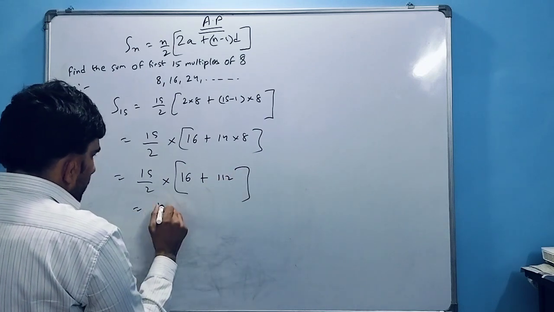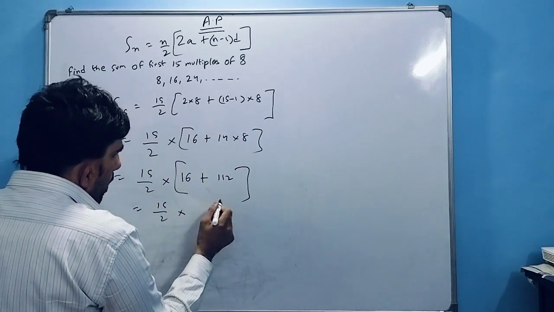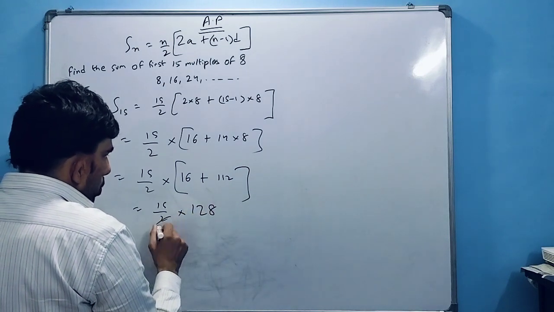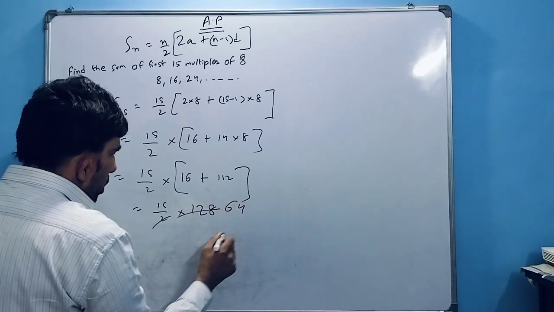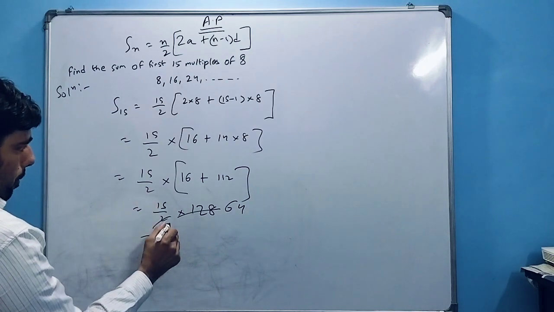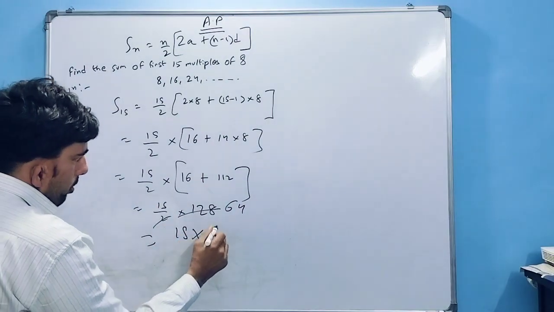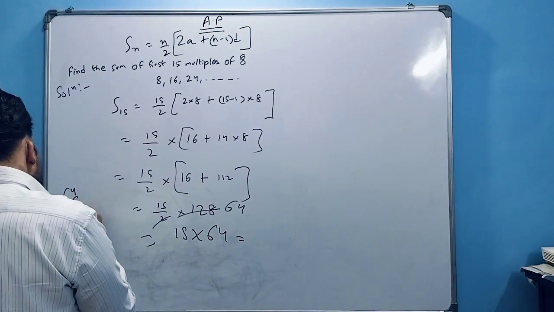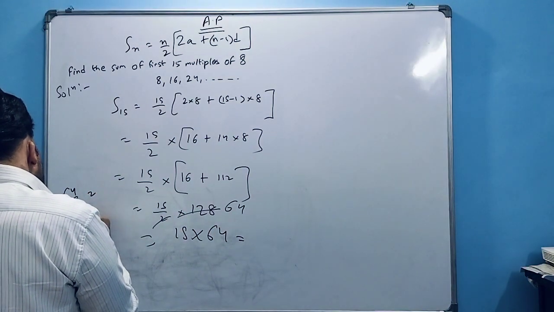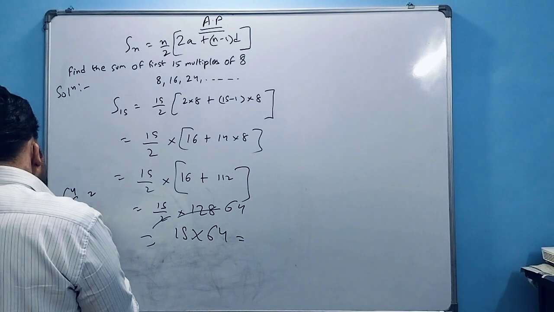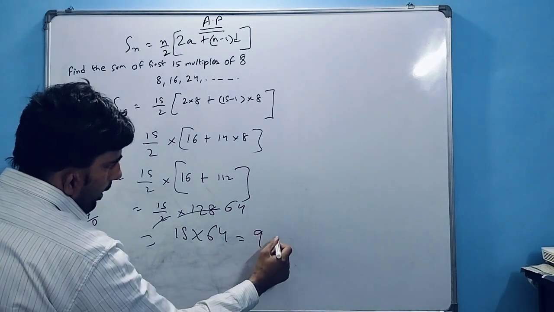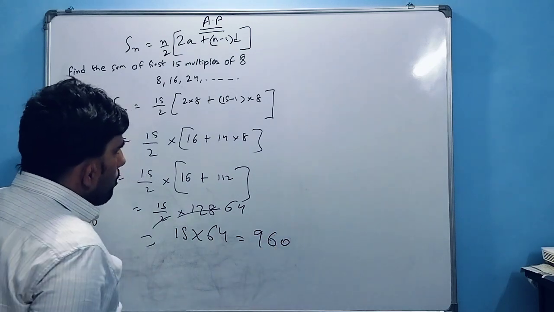Now 15 by 2 into, if I add this I will get 128, so that is 64. Now to multiply 15 into 64, I got my answer, that is 960.